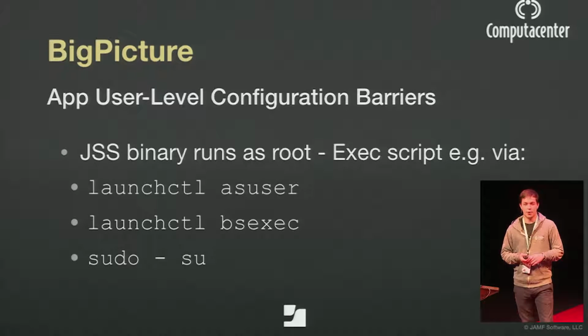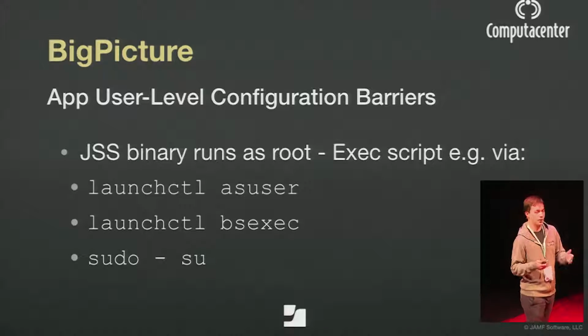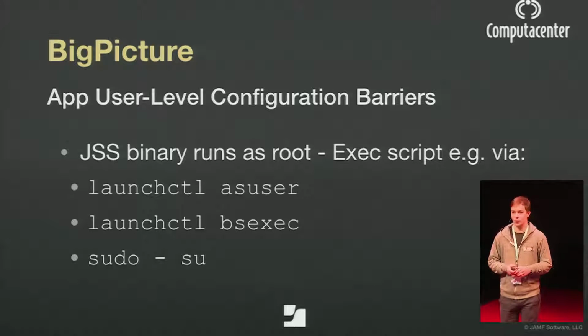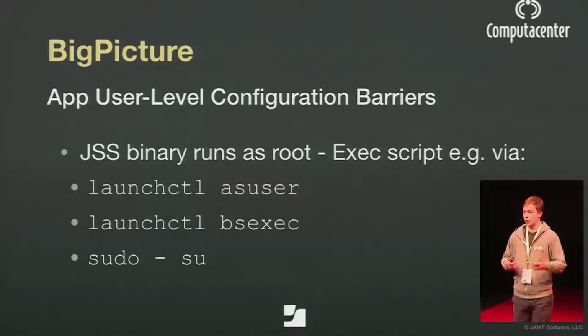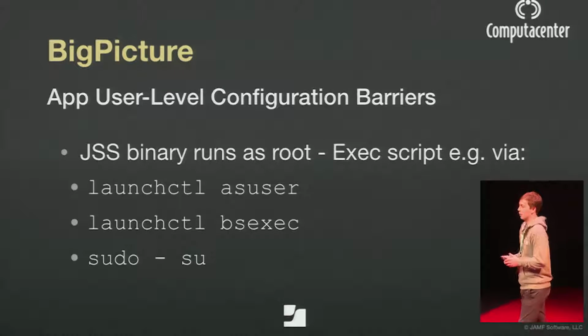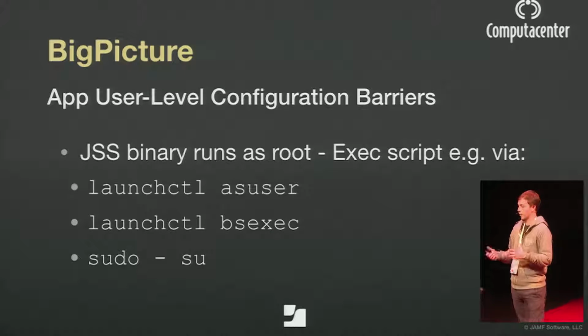So what is the barrier here? The JSS, or the Jamf Pro product, runs as root on our computers. So if we want to configure things in the user context, we use launchctl asuser, or sudo, to configure things in the user context.